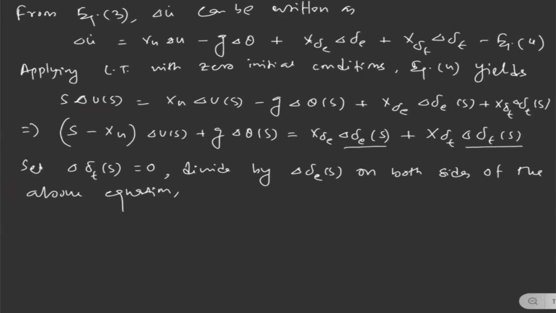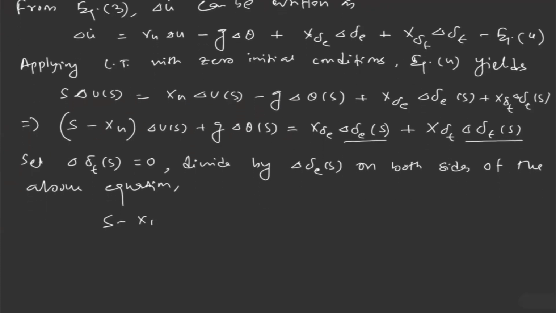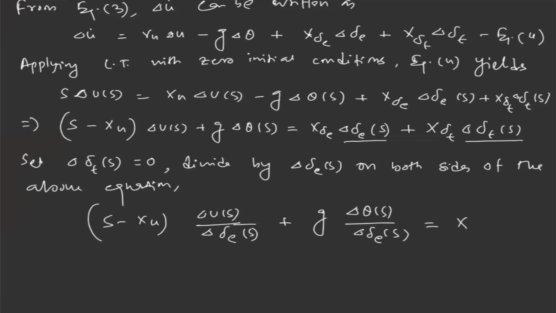We can write (S minus X_U) delta U(S) over delta_E(S) plus G delta theta(S) over delta_E(S) equal to X_delta_E. Let's define this as equation number 5.